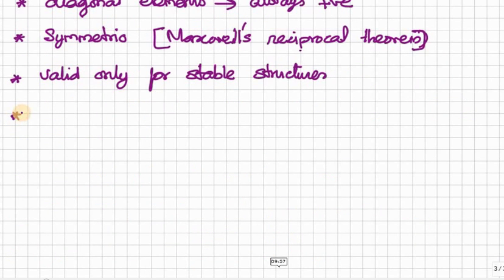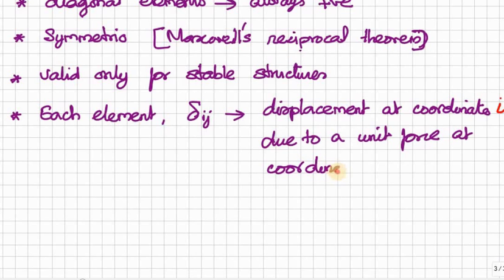In each element, small delta ij indicates the displacement at coordinate i due to a unit force at coordinate j.